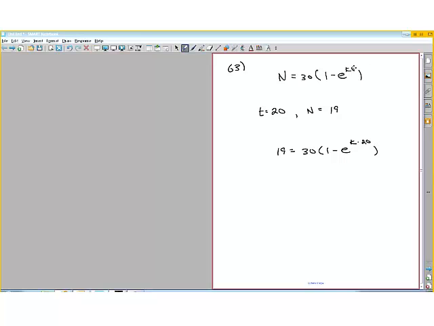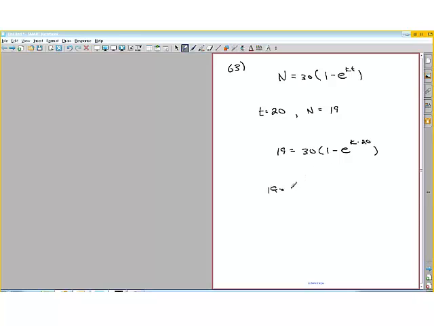As T goes to infinity, we get e to the, well, actually, is it minus K? Okay, K will end up being a negative number, and so this term will go to 0. E to the minus infinity is 0. So it'll end up being 30 when T equals infinity, which is the maximum number they can do. So they'll learn quickly at first, and then it's kind of a rate of diminishing returns.